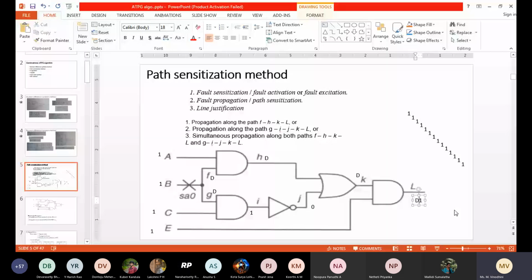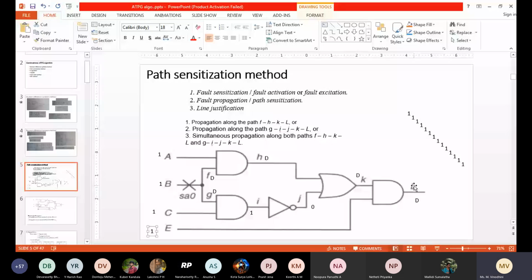So have we propagated the fault to the output? Yes, it's a success. We have activated the fault, that was a success. We have propagated our fault through the path, also a success. The third step is line justification. Line justification means that to propagate D from K to L, I assumed E to be 1.